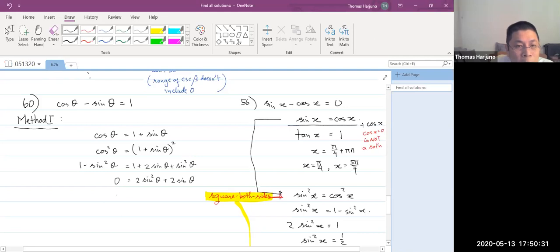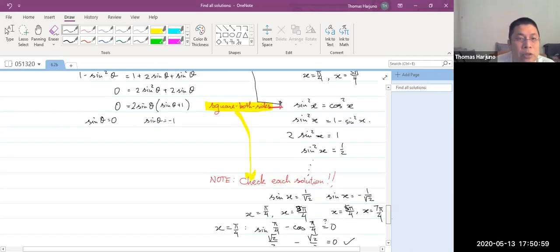Divide by 2 and factor the sine, so I have sine theta times sine theta plus 1. Okay, let me put the 2 here to make you happy before anybody asks me that question. So basically you will see sine theta equals 0 or sine theta equals -1, right?